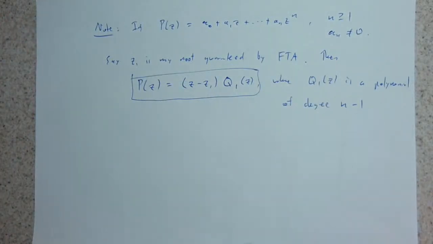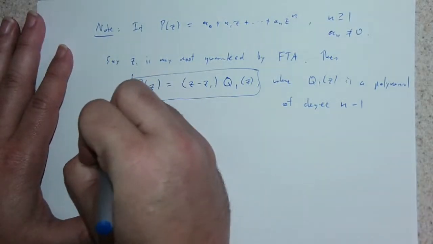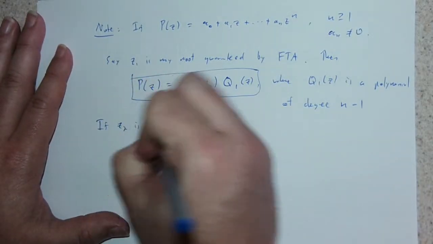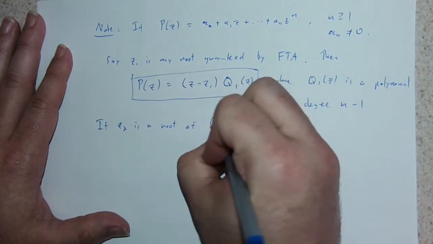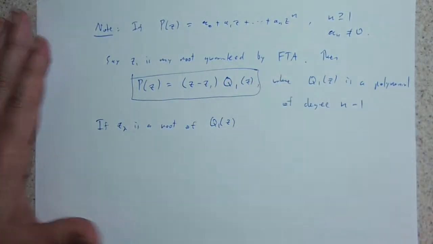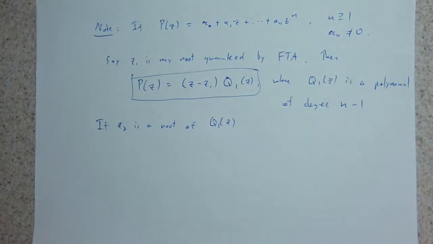If n minus 1 is greater than or equal to 1, we can keep going here, right? So if z sub 2 is a root of q sub 1 of z, we are guaranteed that such a root exists so long as the degree of q sub 1 is greater than or equal to 1.